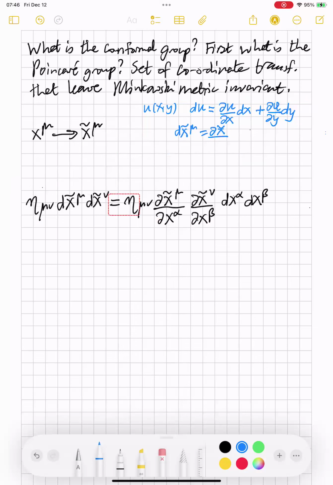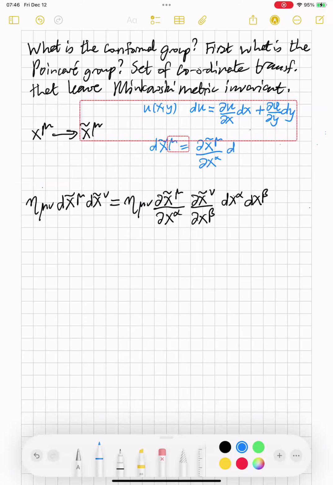It's exactly the same equation, just using the summation convention. We can say dx tilde^mu is equal to, and now we work out the changes due to a change in dx^alpha, and then we just add them all up. The summation convention adds all of that up. So we didn't do anything there. And we know that if we want this to be invariant, this must be equal to eta_{alpha beta} dx^alpha dx^beta.